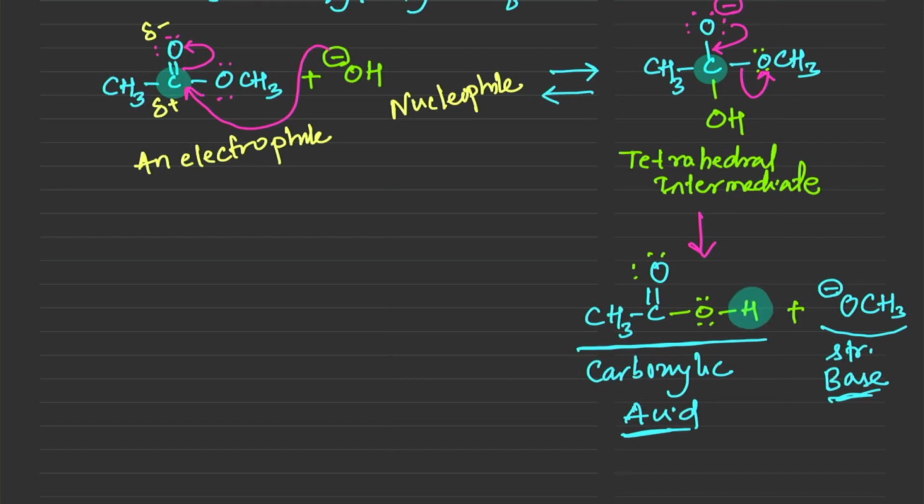So there is an acidic proton. So this is our acidic proton. You have a base and you have an acidic proton, so they will neutralize each other to make alcohol and carboxylate ions. Again, it doesn't have to be CH3O minus, it could be another OH minus.